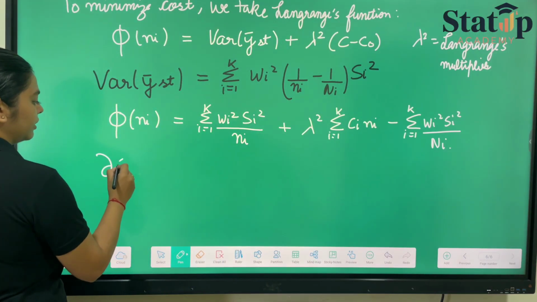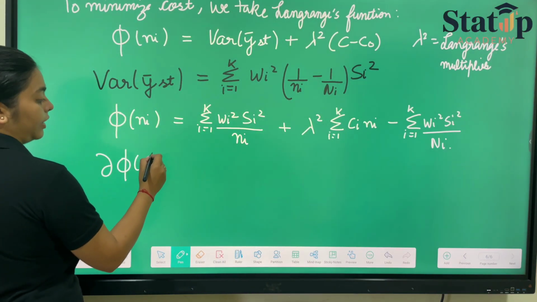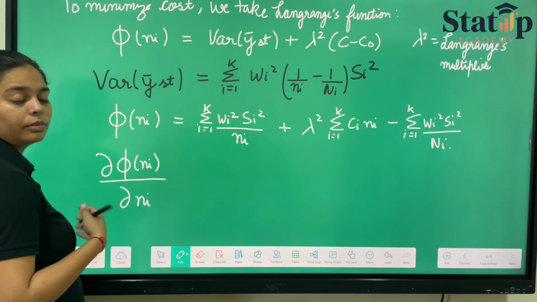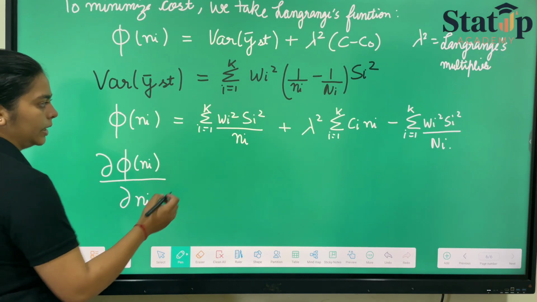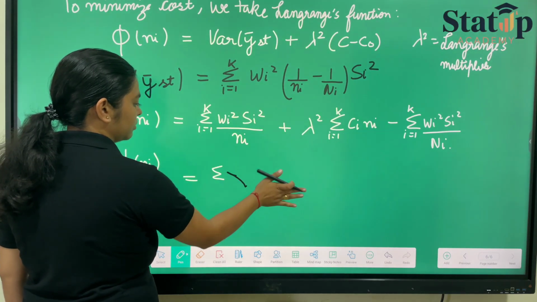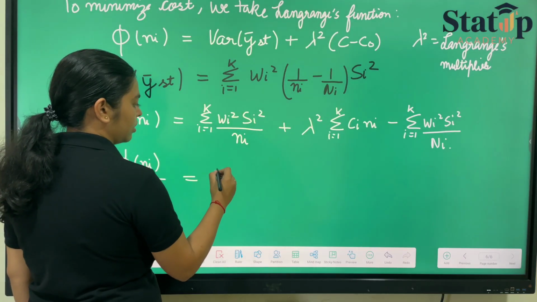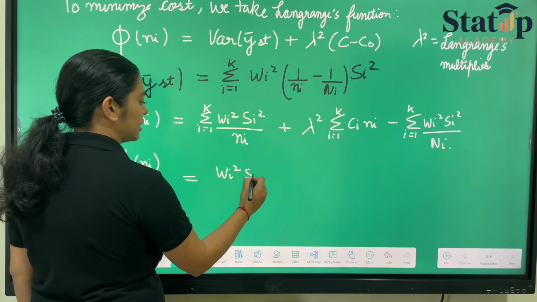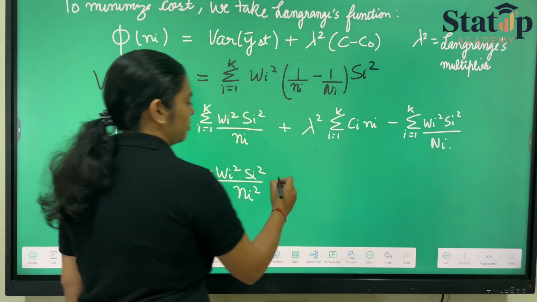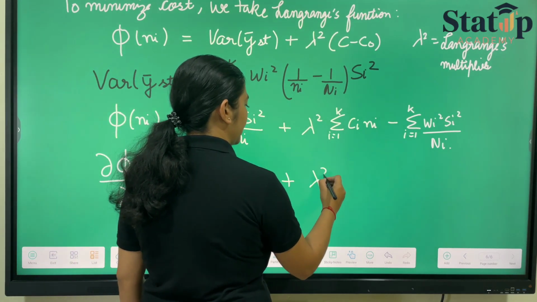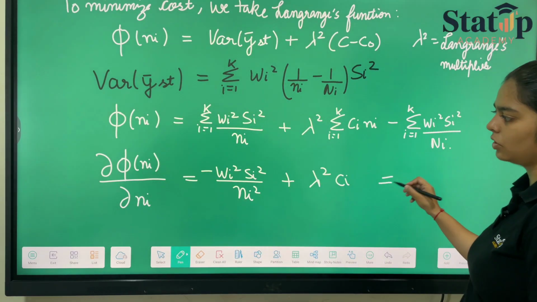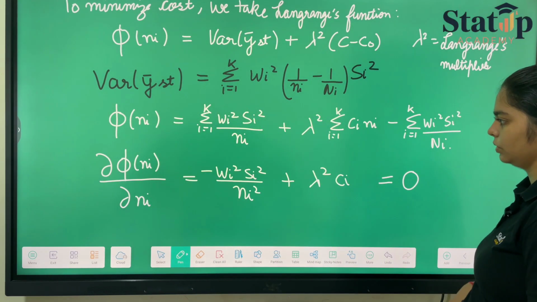Now we'll differentiate it with respect to ni because we have to find the sample size. So it will be nothing but minus wi square Si square upon ni square plus lambda square Ci, and this acts as a normal equation here, so we'll put it equal to 0.